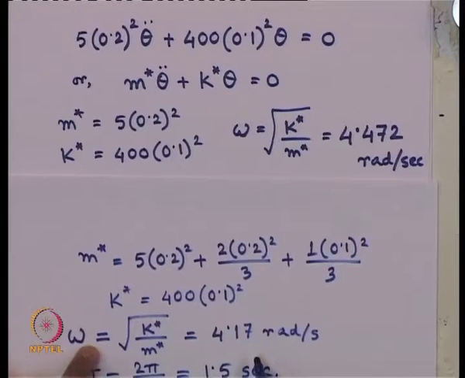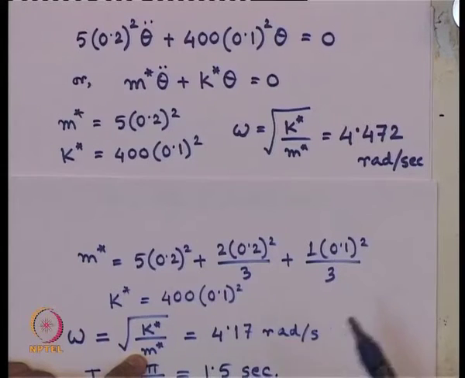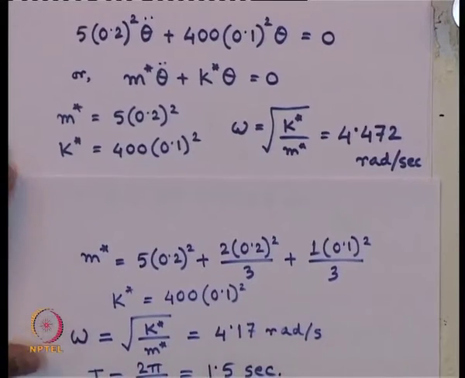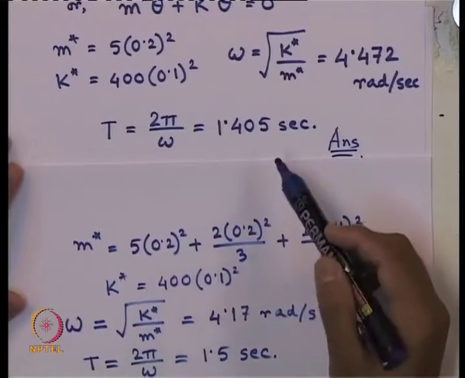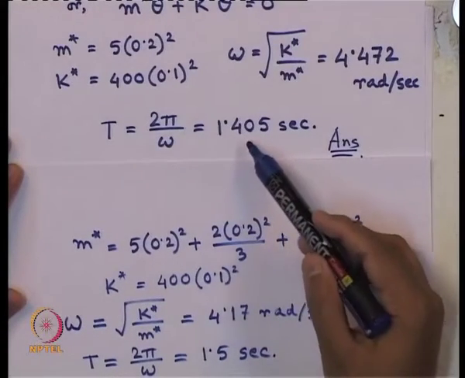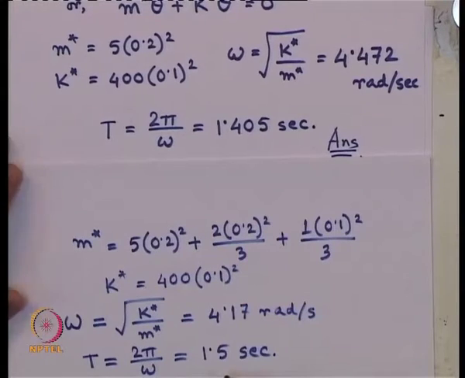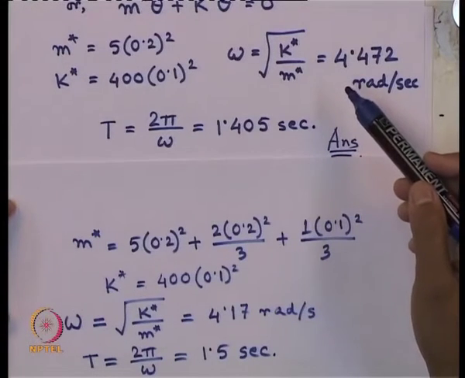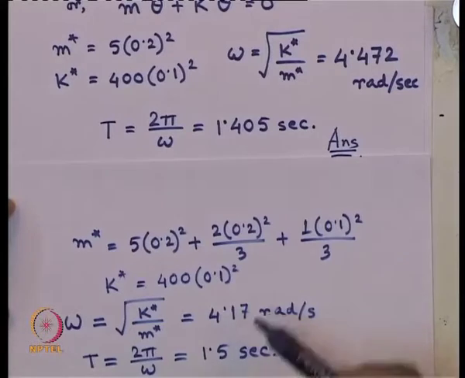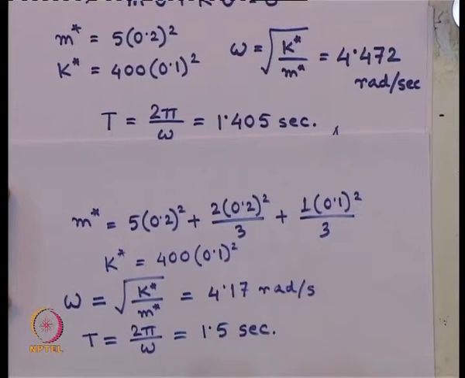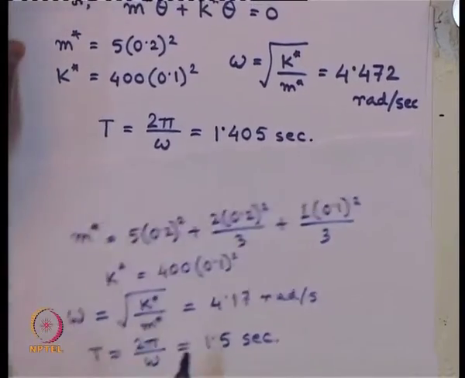As the expression of omega suggests, if there is an increase in the mass, obviously the natural frequency is going to decrease. In other words, the natural time period has increased from 1.405 to 1.5 second, because if the natural frequency is decreasing, obviously the natural period will increase, as it is the inverse of the frequency.